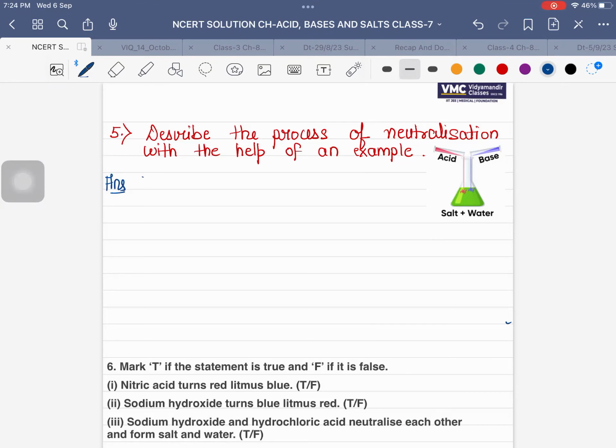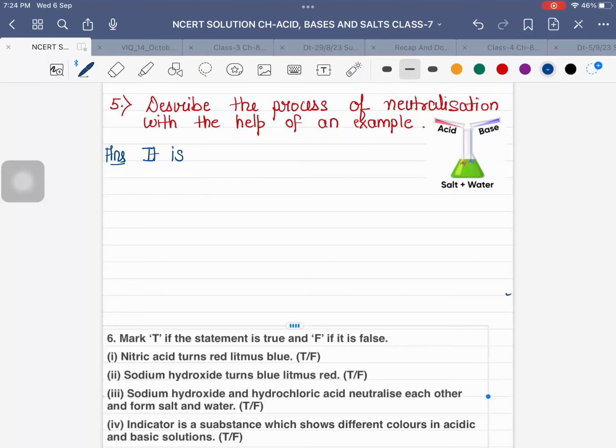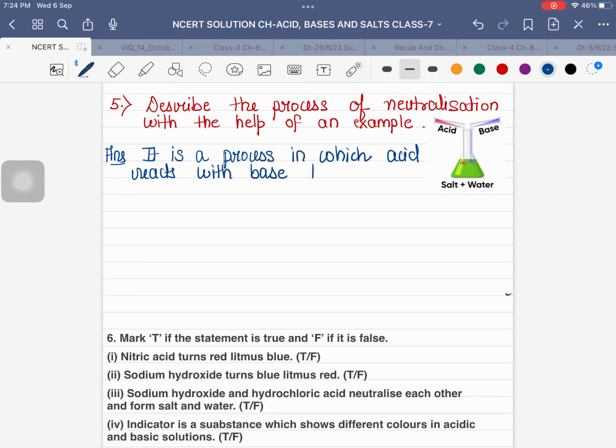It is the process in which acid reacts with base to form salt and water.